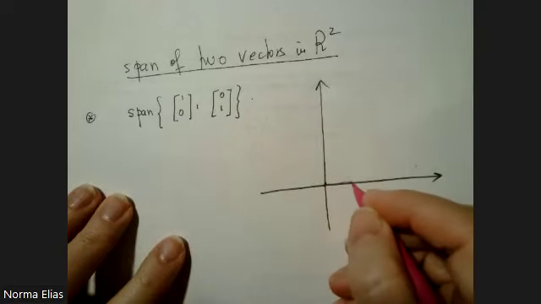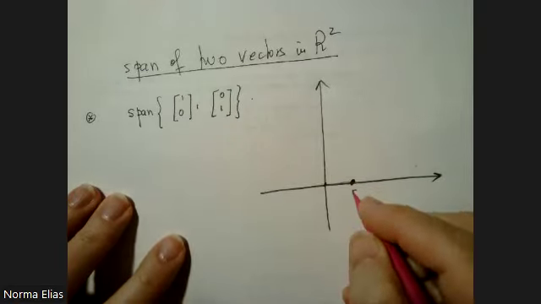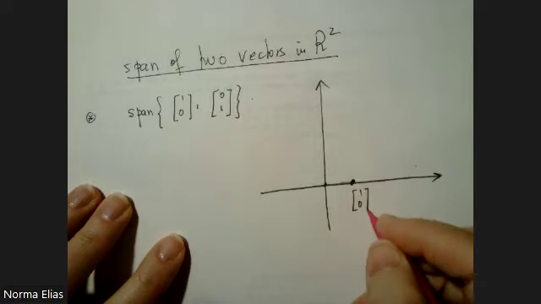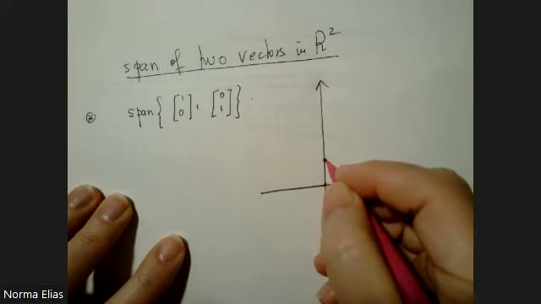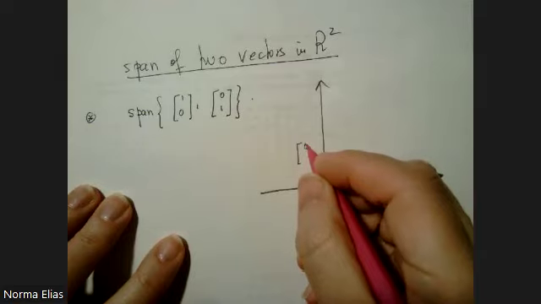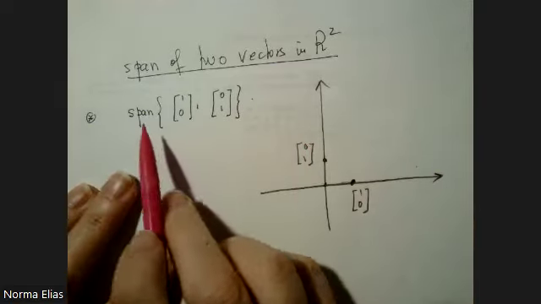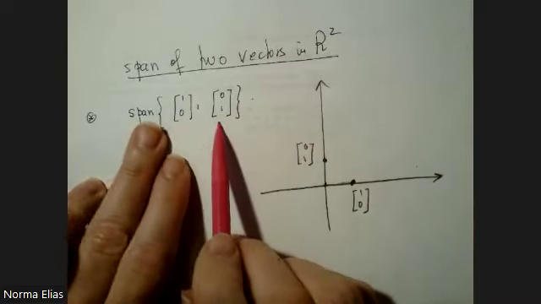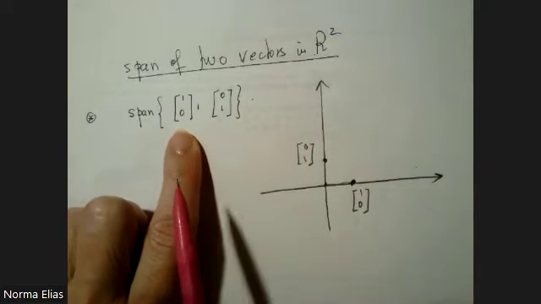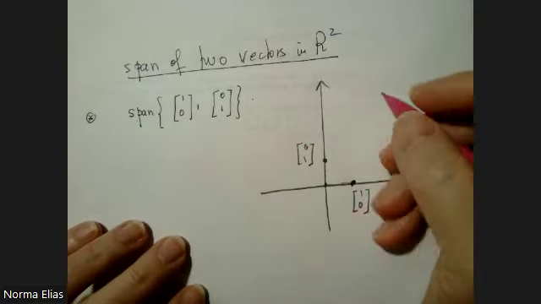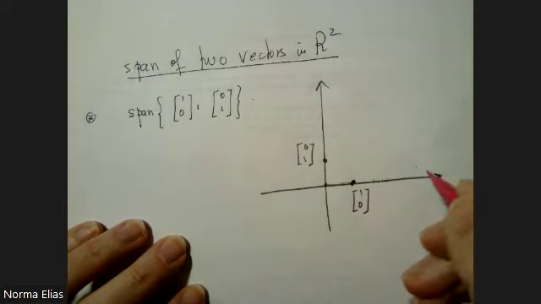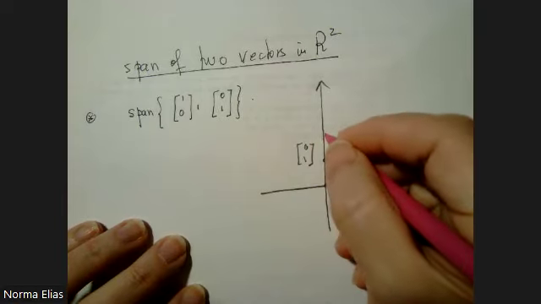So this is 0. This is my vector (1, 0). And this is the vector (0, 1). The span means everything that could be a combination of those two. So let me ask you a very straightforward question. Suppose I take the vector (3, 2).